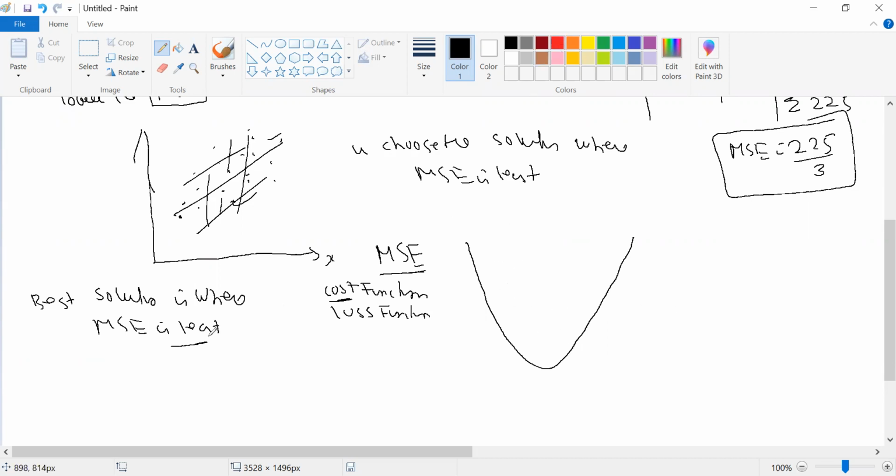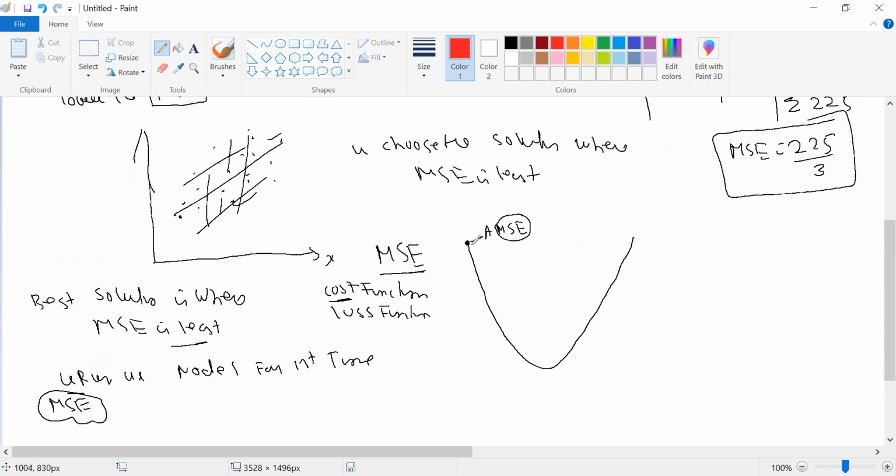So you run your model for the first time, and the cost function you are using is MSE. When you run it for the first time, you find the MSE. So point A represents the MSE when you have run your model for the first time.